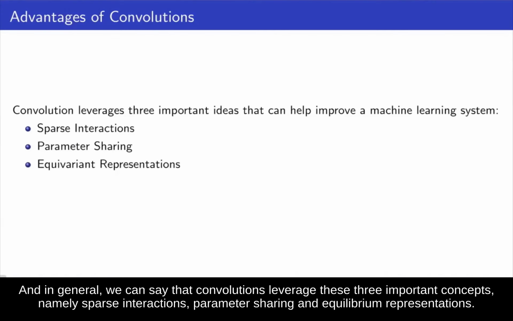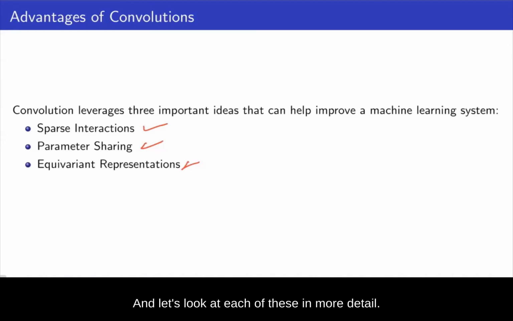And in general, we can say that convolutions leverage three important concepts, namely sparse interactions, parameter sharing, and equivariant representations. Let's look at each of these in more detail.